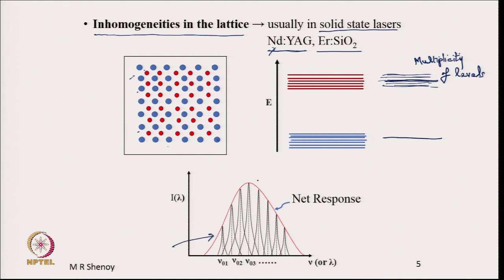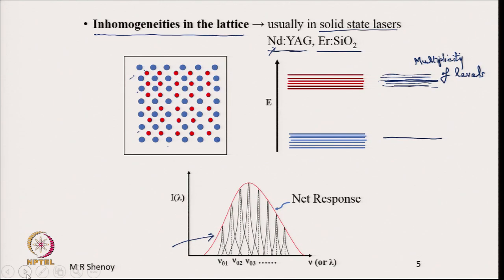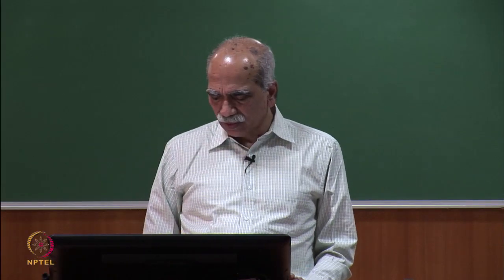And the envelope, in both the cases, here as well as in the previous case, that is Doppler broadening, shows the average or net response of the atomic system. So, that is what is shown here. So, this is about inhomogeneously broadened line shape function.